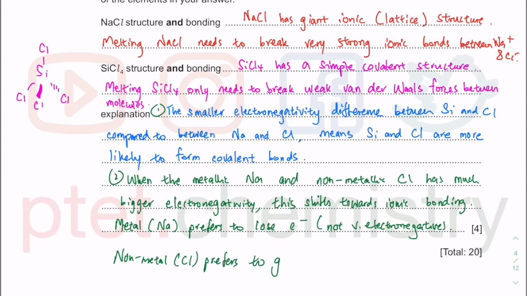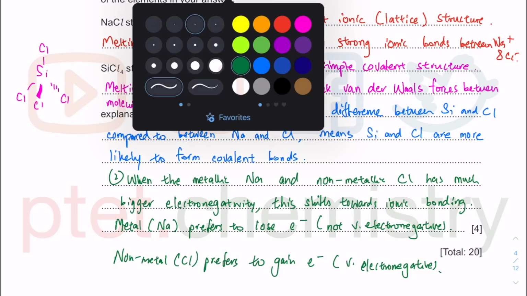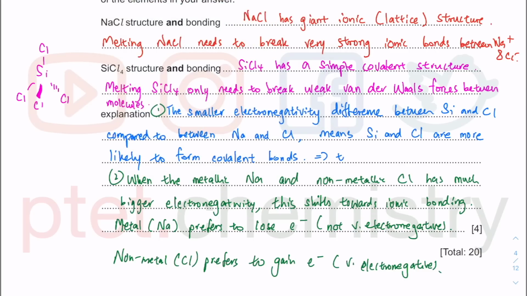It prefers to gain the electrons. Whereas when you have silicon and chlorine, they don't have much electronegativity difference, therefore they prefer to share electrons. For SiCl4, they share electrons instead, and therefore they form covalent bonds.